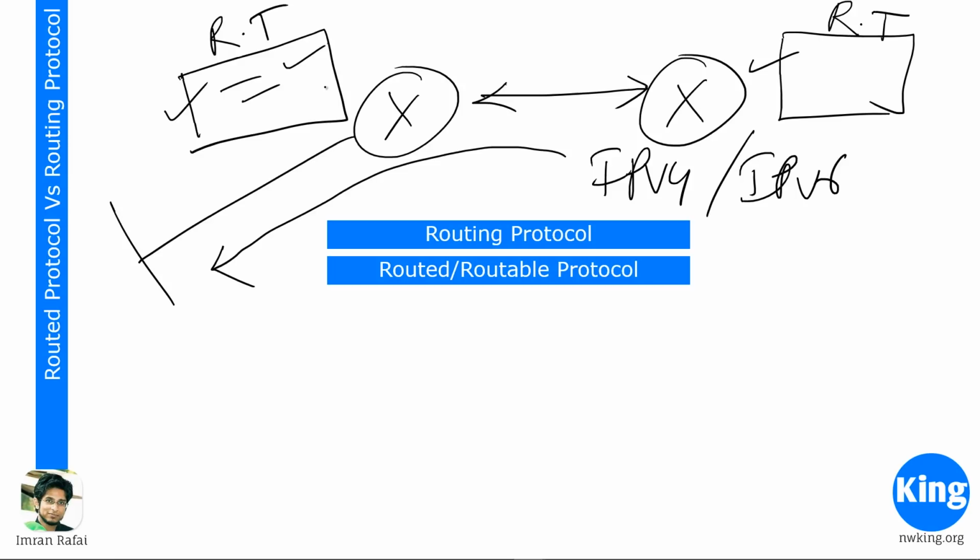So a routing protocol is used to fill the routing table, while a routed or routable protocol like IPv4 and IPv6 is used to send traffic. Data is encapsulated in IP headers, so IP is the protocol that is used. They break that data into IP packets and then send them. So the difference between a routing protocol and a routed or routable protocol is this.